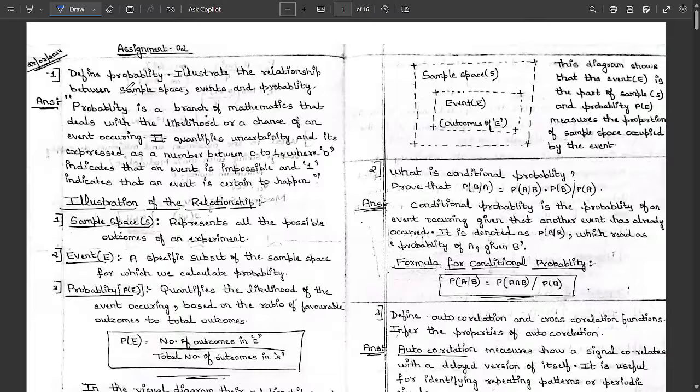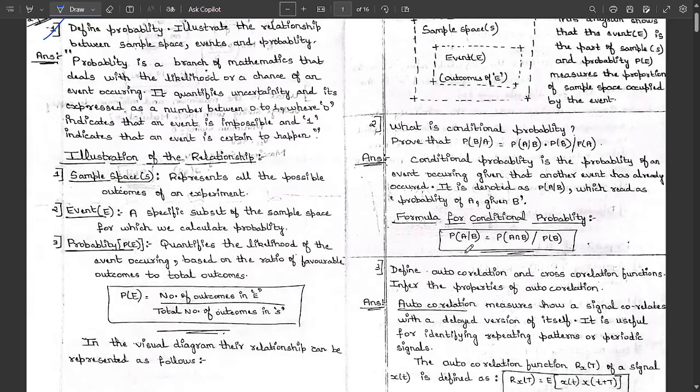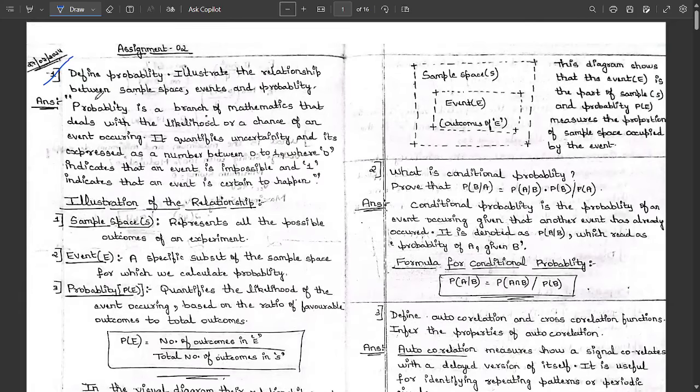One important question from module 1 is definitely the first question, that is define probability and illustrate the relationship between sample space, events and probability. This is a sure question, so you need to know it. Here are the notes for probability. This is the definition of 6 lines.